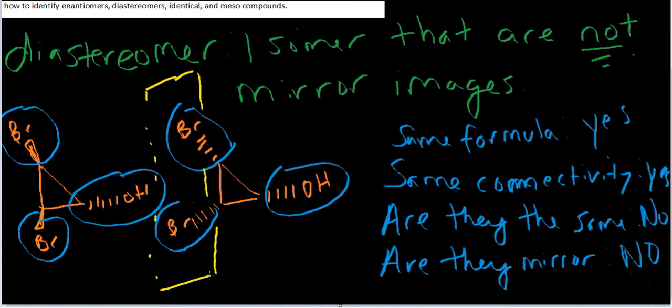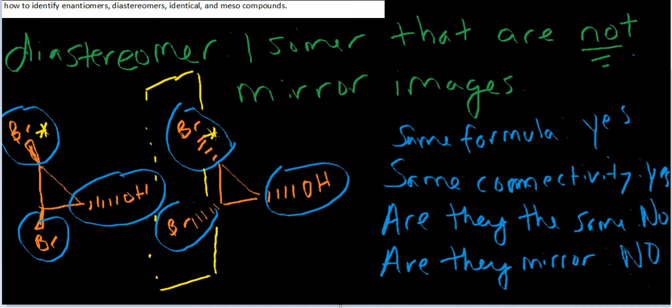I'll break that down for you so you can get a better understanding, instead of just using your mind. Let's take for example this bromine here with the star and this bromine here. If you look at it in the mirror, you'll have this bromine coming out at you. So this bromine should be coming out at you as well, but it's not.